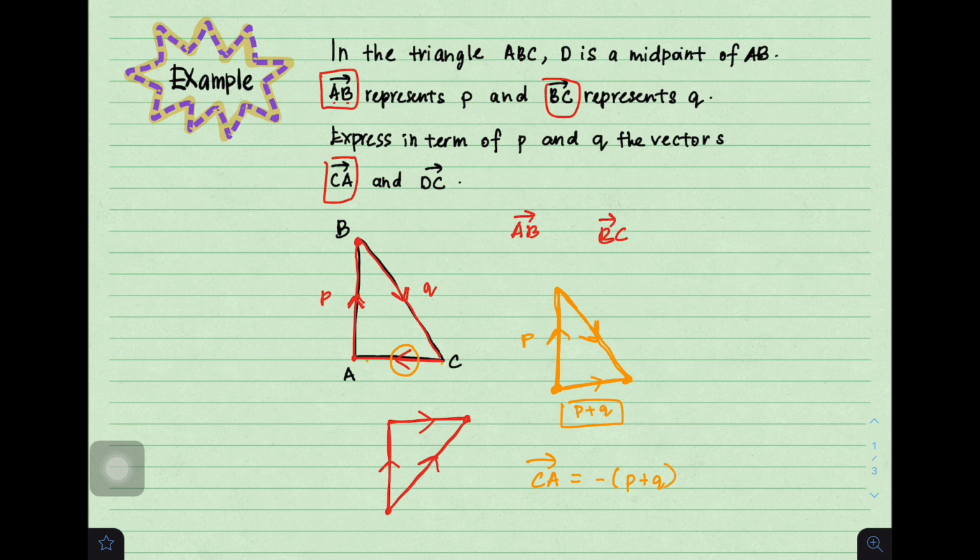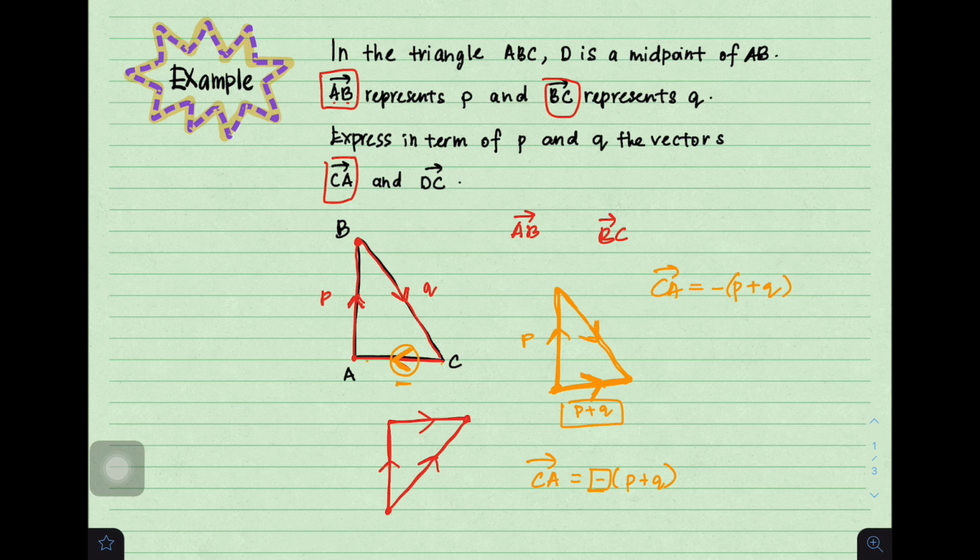Okay, because you want this direction, C to A, but you have this direction, P plus Q. So what you have here is the opposite, which is negative P plus Q. So C to A can be represented by negative P plus Q. Okay, why? Because P plus Q is in this direction, but we want the opposite direction here. Okay, that one is the first one.